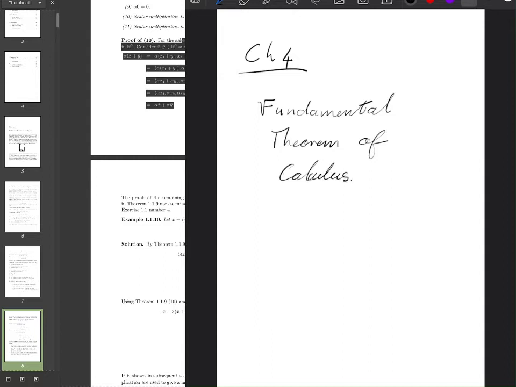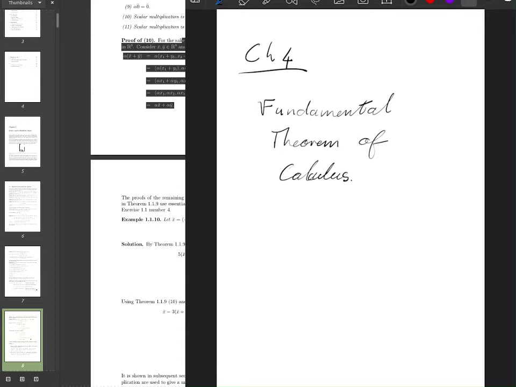Okay, and this theorem makes rigorous the relationship between the derivative and the integral. So you've already been getting used to this relationship. What is this relationship?